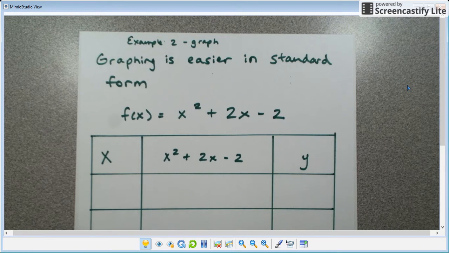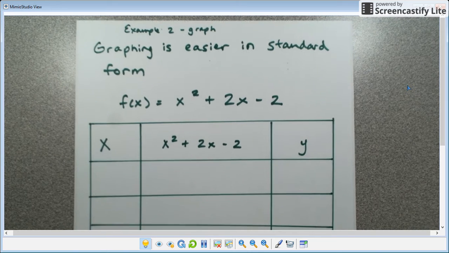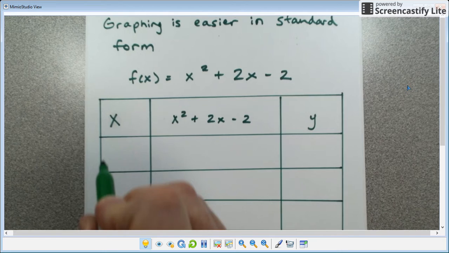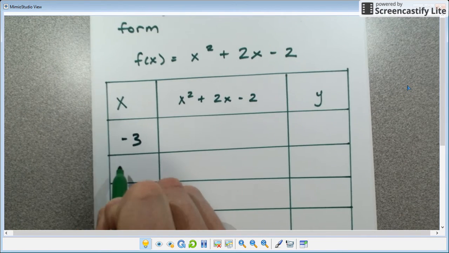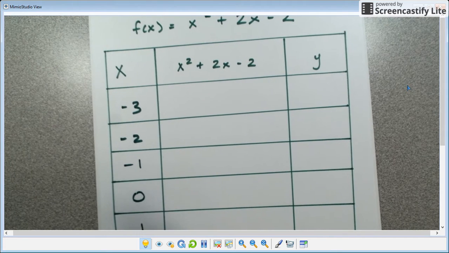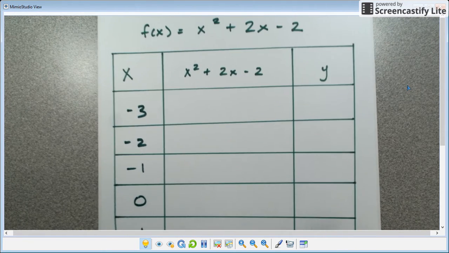F of x is equal to x squared plus 2x minus 2. And we want to put in some values here in our data table and get some points and then graph this. So let's start with x of negative 3. And we'll go negative 3, negative 2, negative 1, 0, 1, 2, and 3.